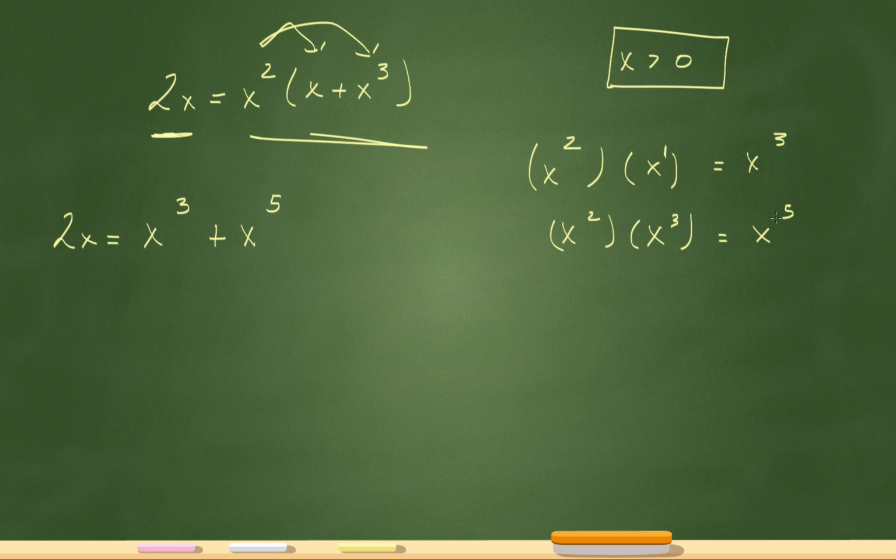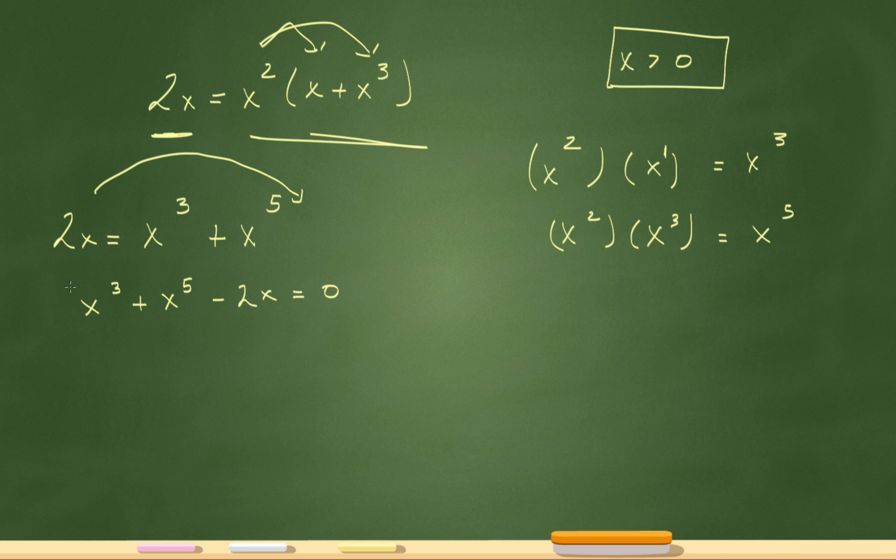Now remember, whenever I'm trying to solve a polynomial, a quadratic, whatever it may be, I always want to try to set it equal to 0. So that's what I'm going to do here. I'm going to do x cubed plus x to the fifth minus 2x equals 0. I've switched places, and what I did was I brought the 2x over here, so it became negative, and I set it equal to 0.